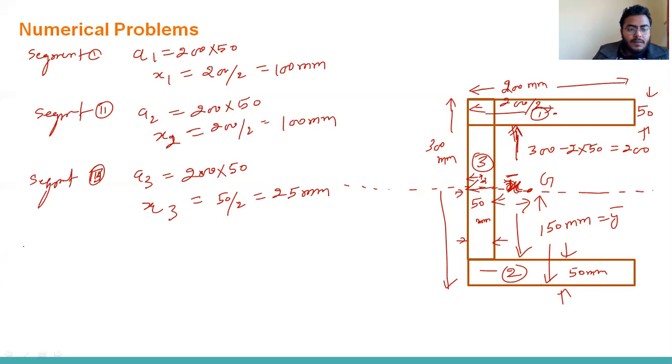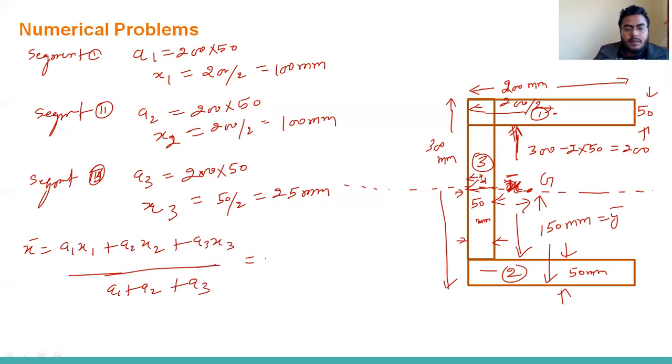Now we can calculate X bar. X bar will be A1 X1 plus A2 X2 plus A3 X3 divided by A1 plus A2 plus A3.